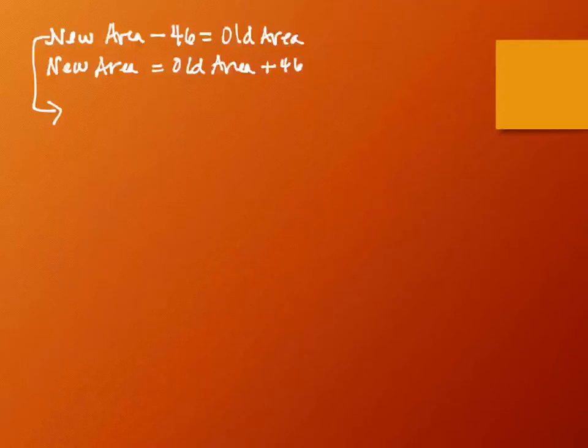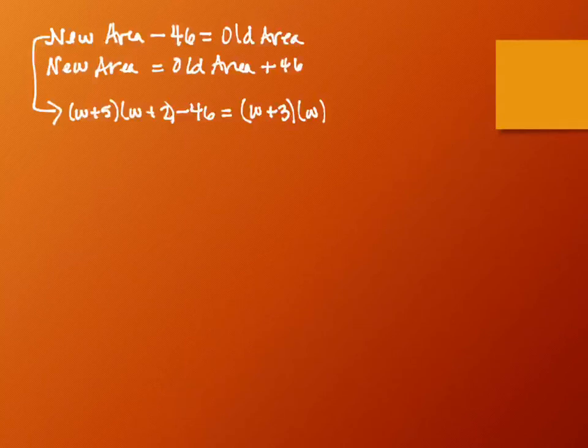So my new area was W plus 5 times W plus 2, minus the 46, is equal to the old area, which is W plus 3 times W. It's a comparison of the new field and the old field. And then we're going to distribute and multiply this out like we did back in chapter P.